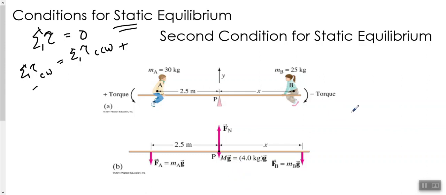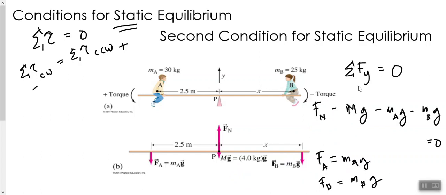So we look at the sum of the forces on the Y. So looking for the forces on the Y, we have the normal force that is acted upon by the fulcrum, that's where it's going to pivot, and we also assume that the board is uniform and centered over the axis of rotation. So looking at these forces, we have force of A is equal to mass times g, and that gives us the forces equation.